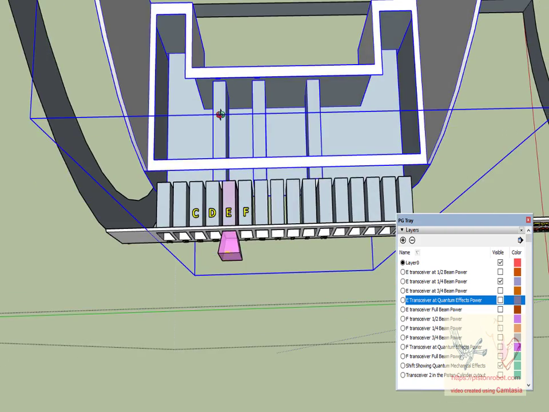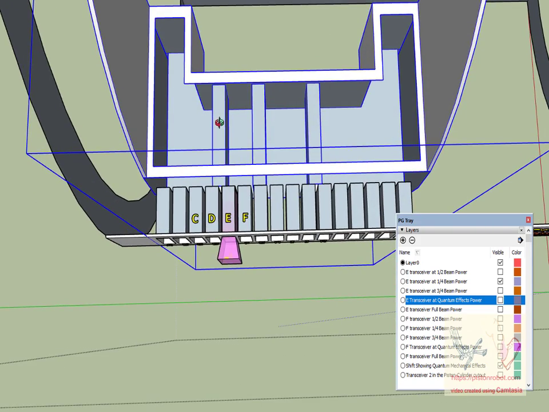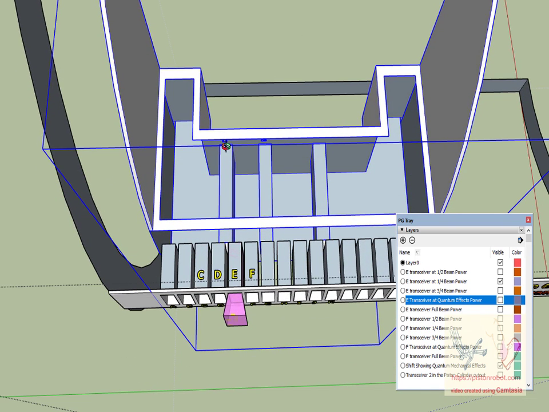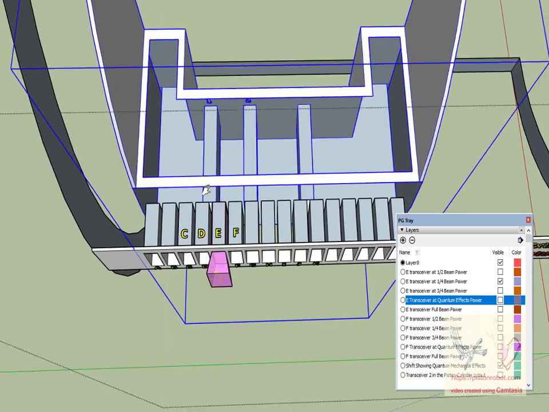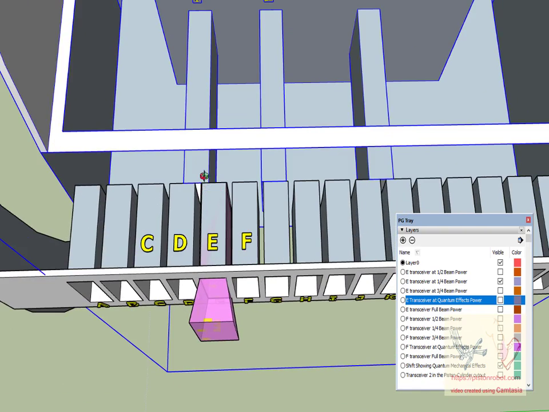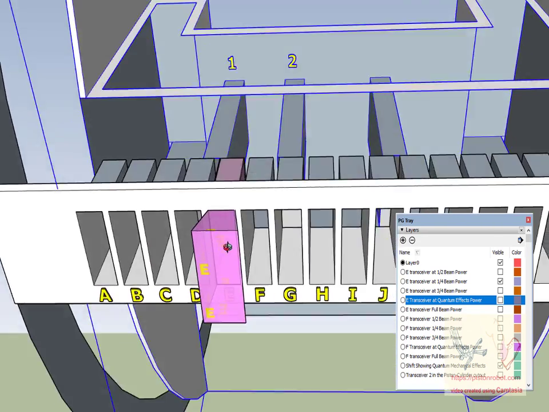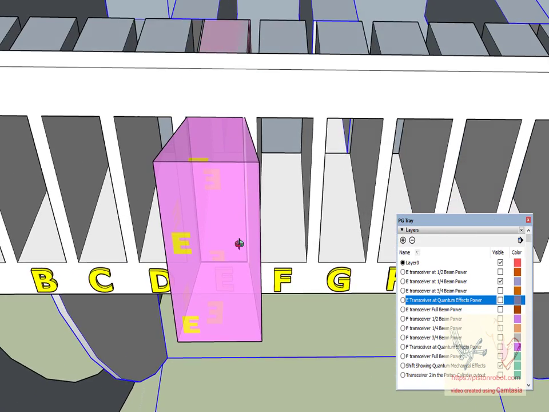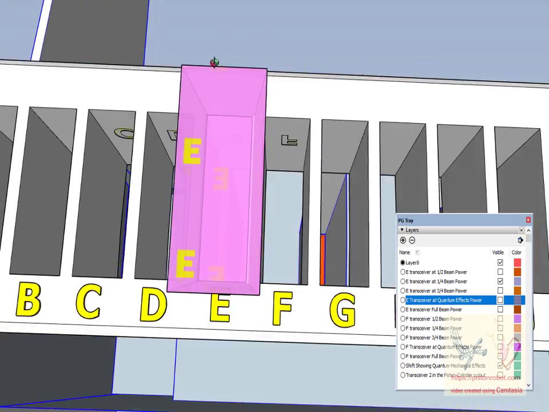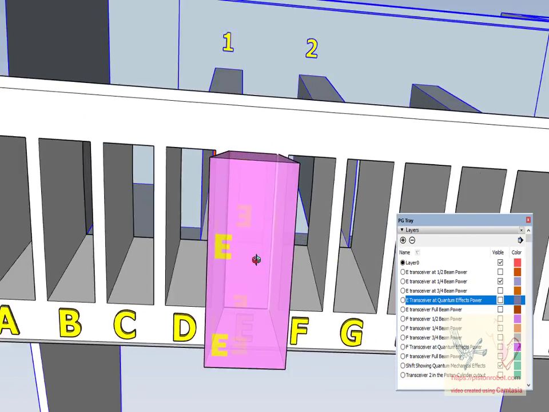The piston 1 transceiver is sending radio frequency energy down the piston transceiver channel, and that radio frequency energy is then being radiated out into the cylinder wall transceiver channel. The channel that we're looking at right now is cylinder wall transceiver channel E.